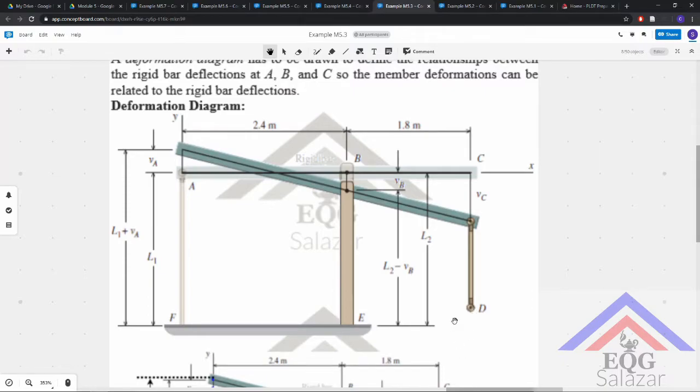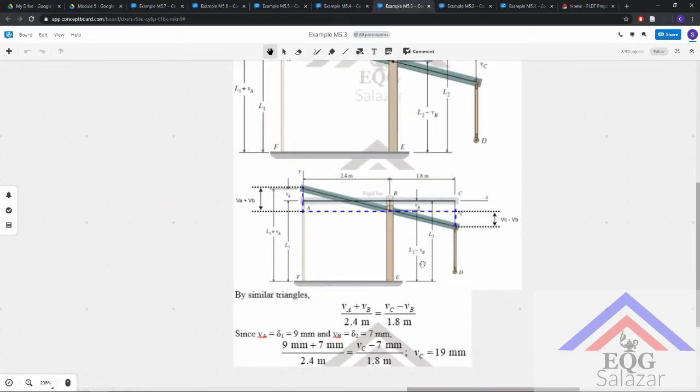What do we notice? We notice that VA is most likely just equal to the deformation in segment 1, and VB is equal to the deformation in segment 2. However, VC is not equal to the deformation in segment 3, as this is dependent on the geometry of this setup. We find that we form similar triangles, namely this triangle and this triangle right here.